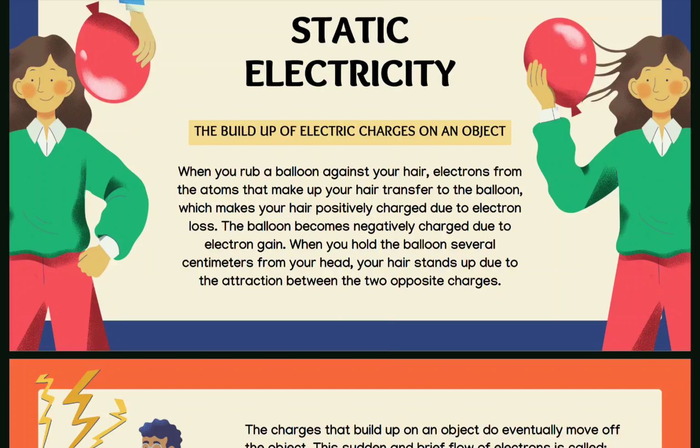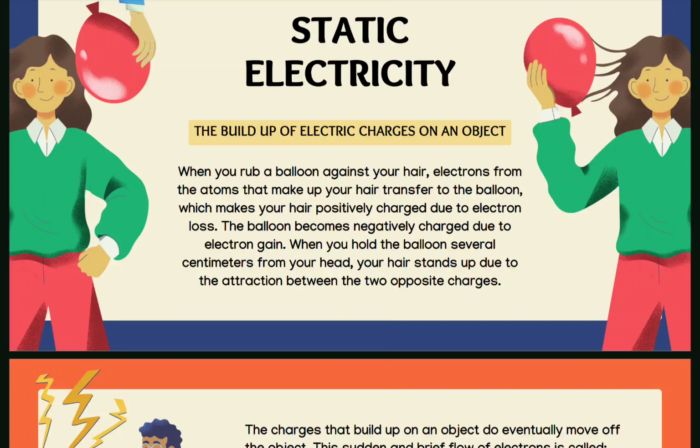When you rub the inflated balloon against your hair, the electrons from the atoms, now the balloon is made up of atoms, right or not? The electrons from the atoms that make up your balloon and your hair collide with each other. There is an interaction between your hair particles and the balloon particles. Then what happens?